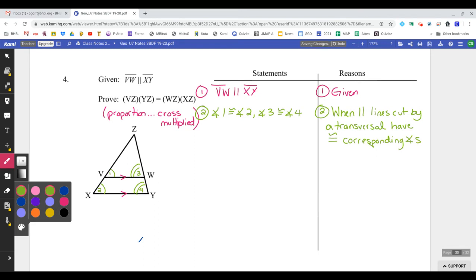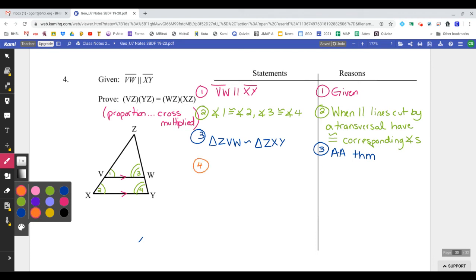So now I know that my triangle ZVW is similar to triangle ZXY. And again, we're using our angle theorem. Notice we've used that theorem an awful lot when we're proving that things are similar to each other.